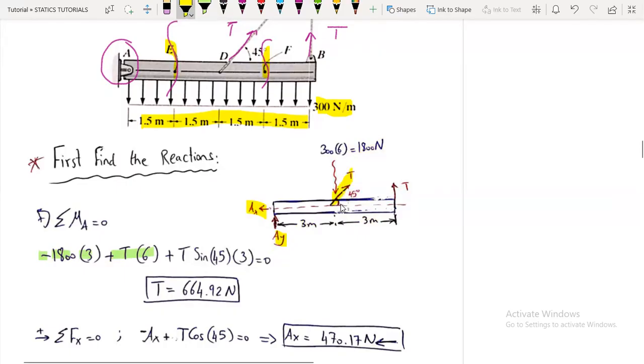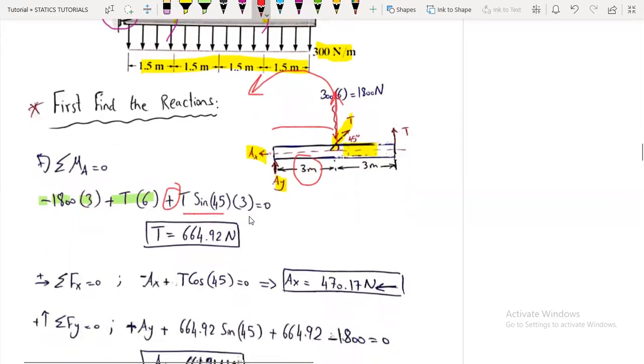Here the horizontal component is passing through point A, so it is neglected. It will not have any effect. But the vertical component, which is T sine 45, will have an effect. So it is multiplied by the distance, which is 3 meters, and it is acting counterclockwise, so it is positive. So the tension force is 664.92 newtons.